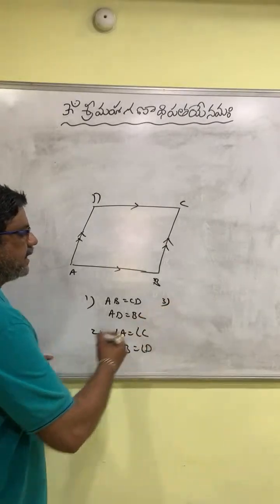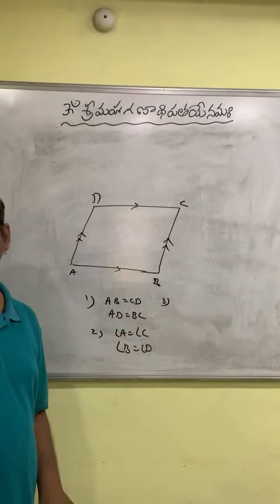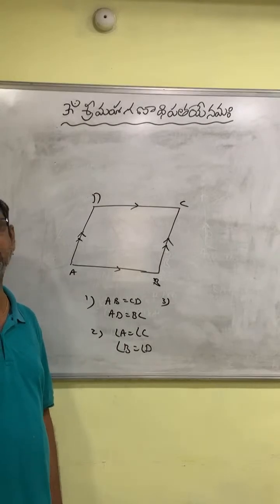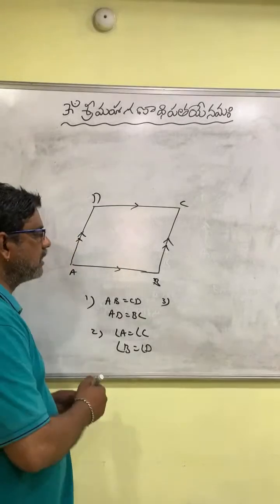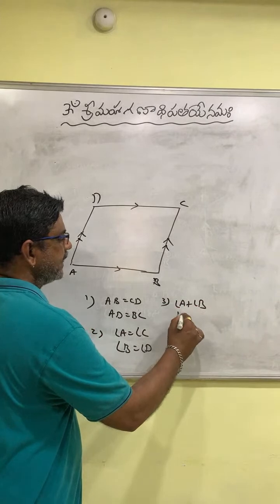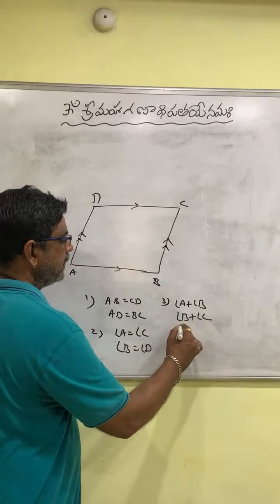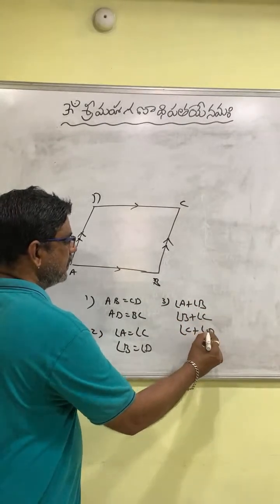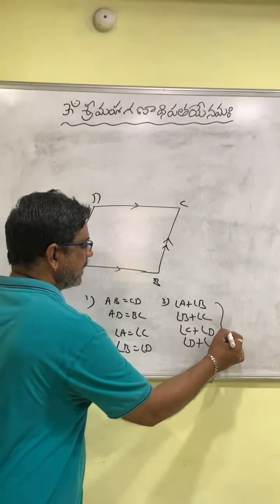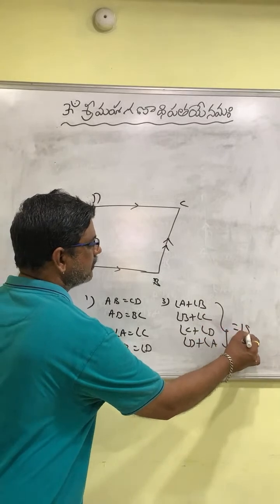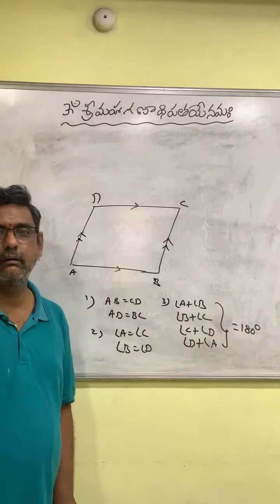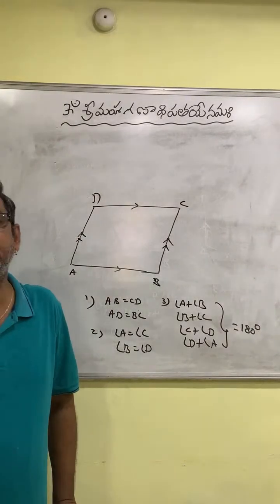Third property, sum of any two adjacent angles is 180 degrees. Sum of any two adjacent angles, that means angle A plus angle B, angle B plus angle C, angle C plus angle D, angle D plus angle A. The sum is 180.